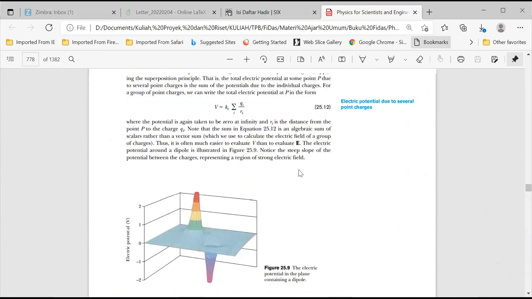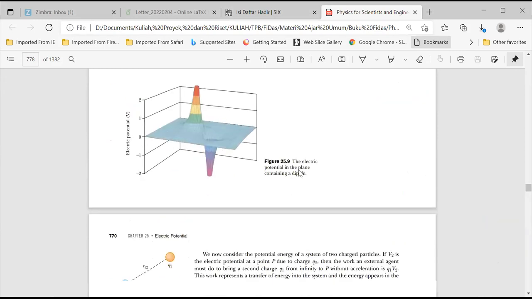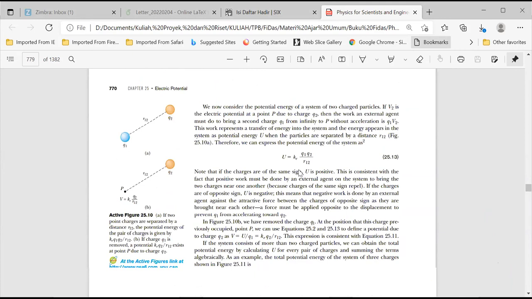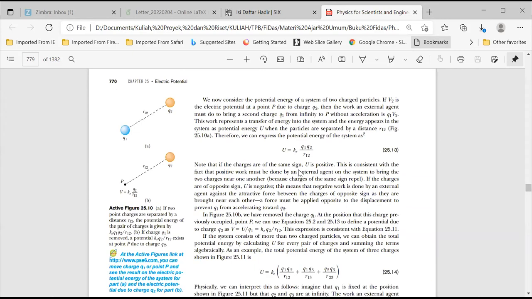Okay, this is the potential. What about the potential energy? It's quite complicated. For example, if we have two particles, this Q1 here is the source charge or source particle, and this Q2 is a test charge.